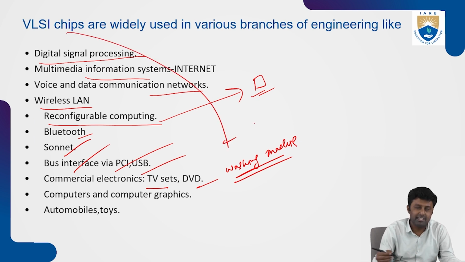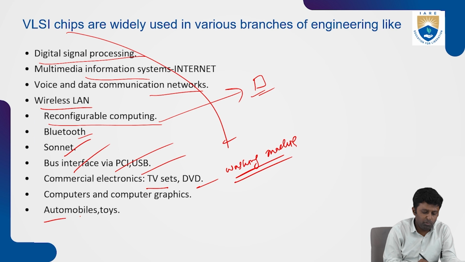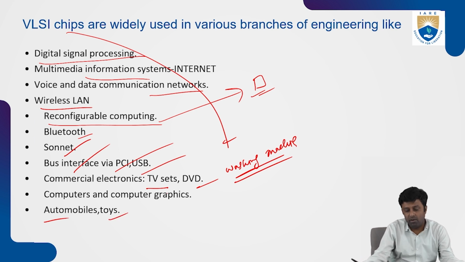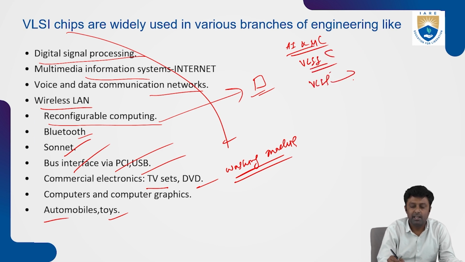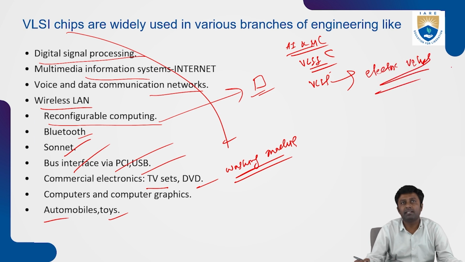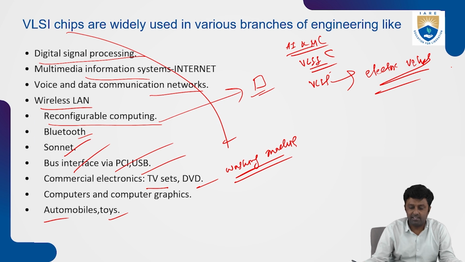VLSI chips are used in the automobile and toys industries also. Nowadays, because of the growth in artificial intelligence and machine learning, the demand for VLSI ICs has increased. VLSI ICs are also used in electric vehicles, which is a new trend.